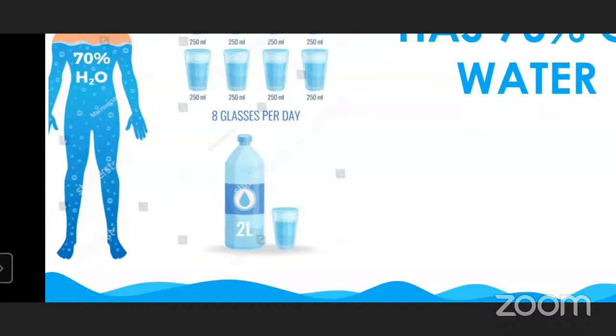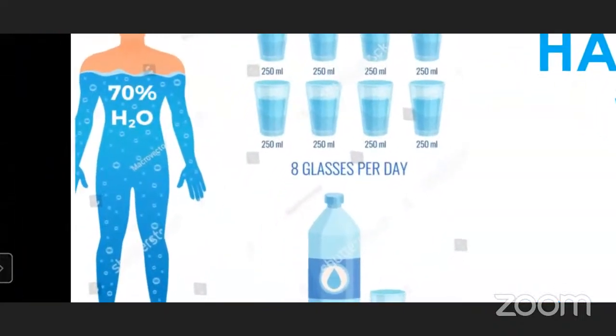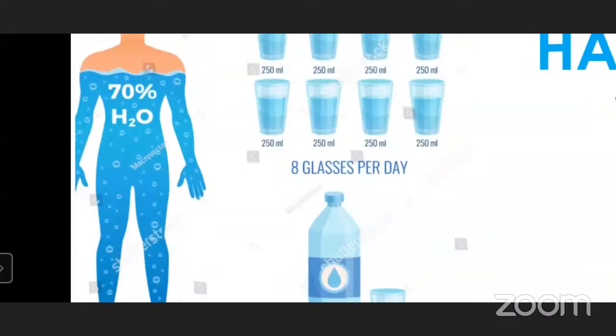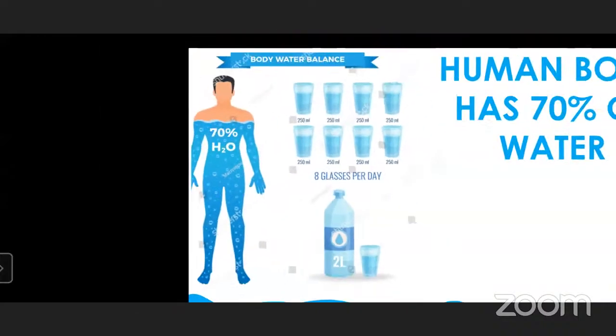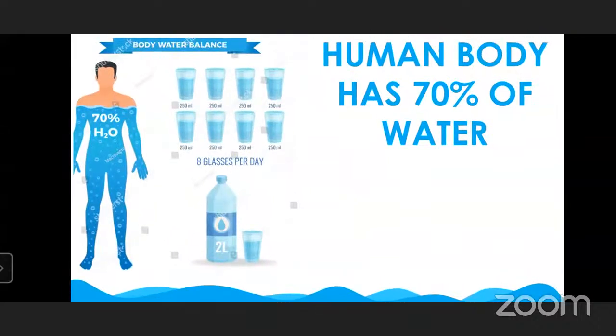We need water to survive. It keeps our body hydrated. And what is the formula for water? H2O. See that picture showing 70% water, H2O. This is the formula for water. Water flushes out toxins from our body, waste material, toxins.